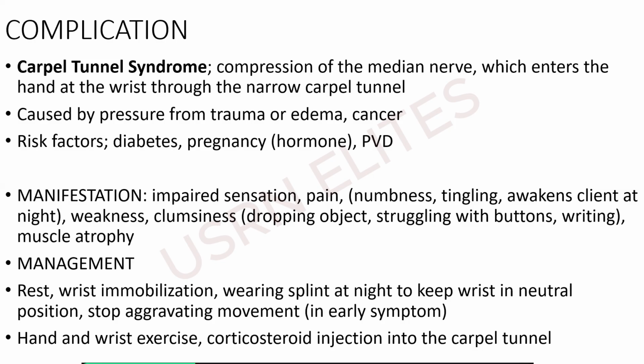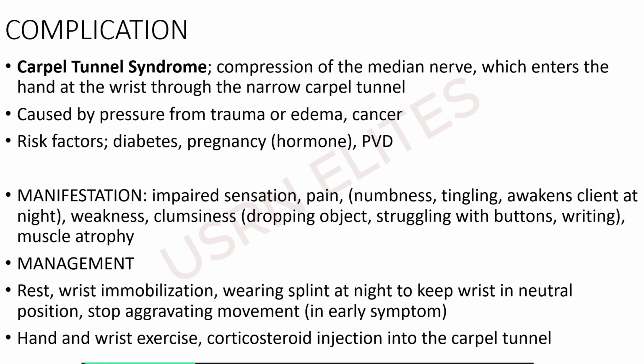So compression of the median nerve, which enters the hand at the wrist through that tunnel. That's what we call the carpal tunnel. Okay. So that carpal tunnel is very narrow. That's where the median nerve enters to supply the hand. So if there's compression of this median nerve, that is what we call carpal tunnel syndrome. And it can happen in rheumatoid arthritis.